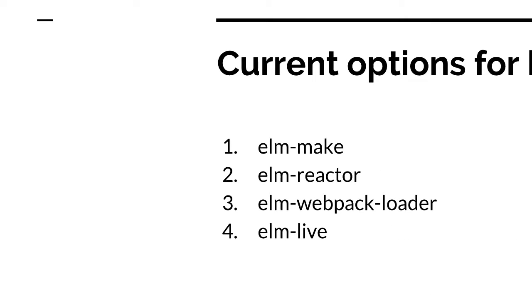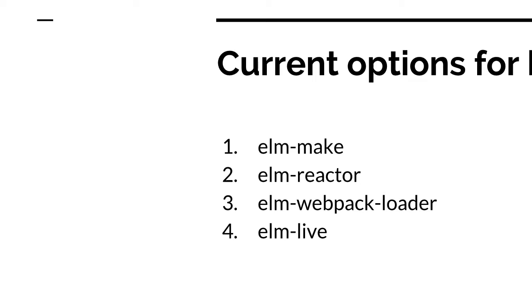The current options in Elm right now are kind of limited. You have elm make, so you run elm make on your command line and you get some JavaScript. You have Elm Reactor, which spins up a server that listens to all your files, and when you change and you reload, it builds your code.